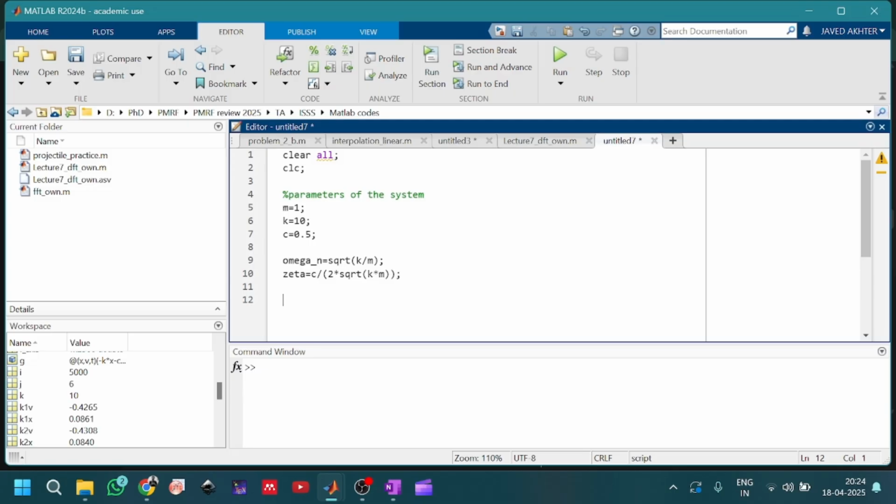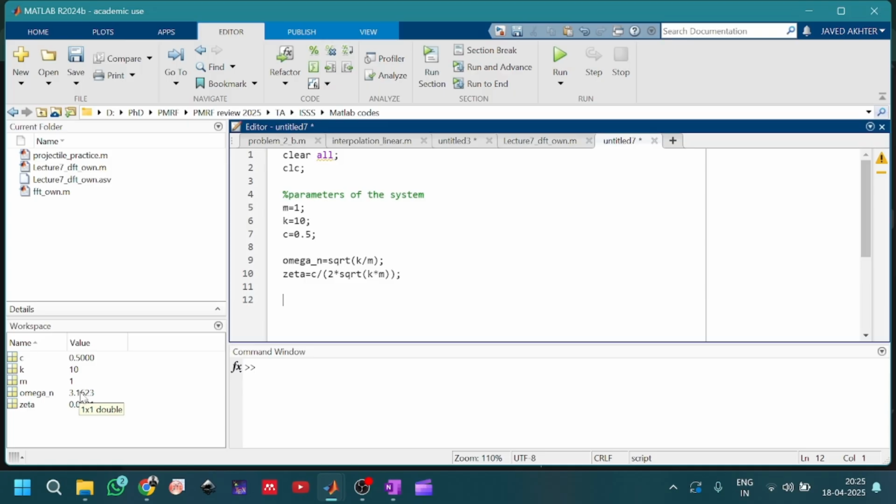First let us look at what the natural frequency is. Let me run it. Okay, so the natural frequency omega is 3.16. This is the angular frequency.